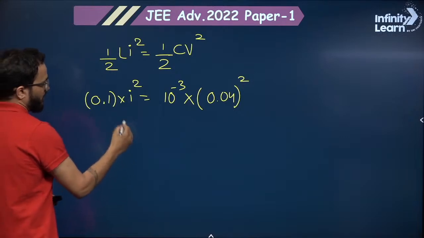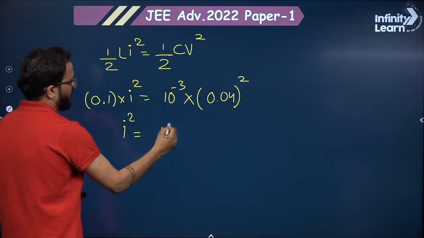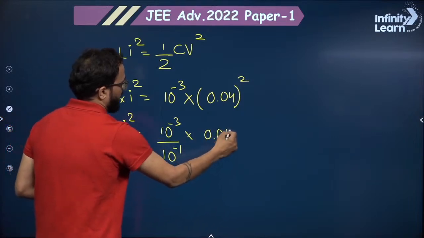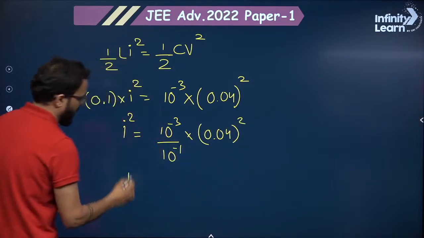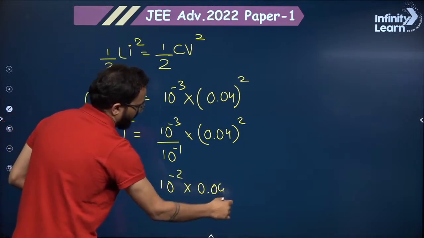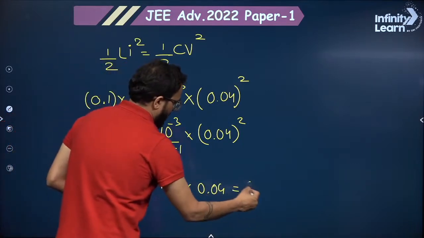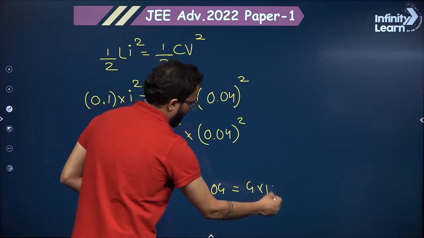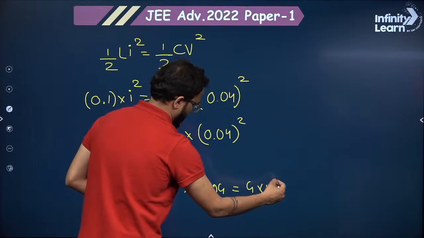So from here we will say i square is equal to 10 to the power minus 3 upon 10 to the power minus 1 into 0.04 square. So i will be 10 to the power minus 1 into 0.04, so it will be 4 into 10 to the power minus 4.